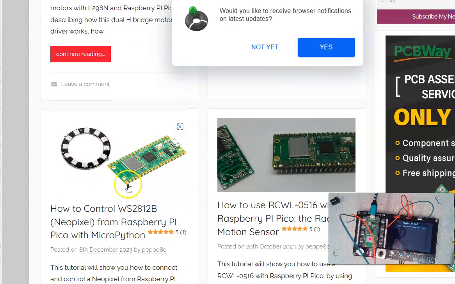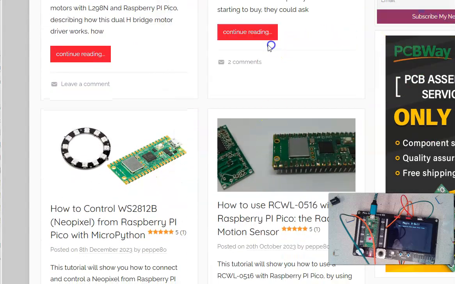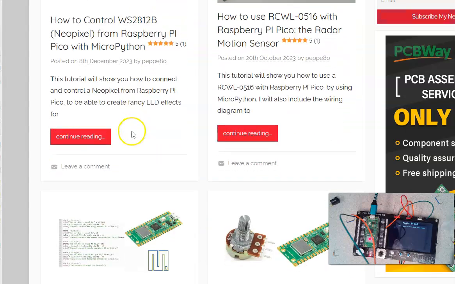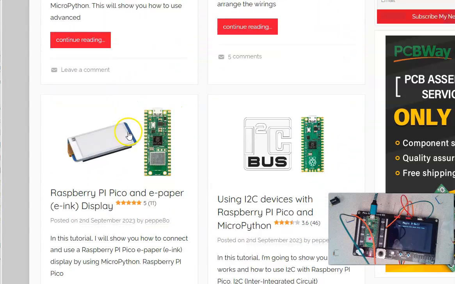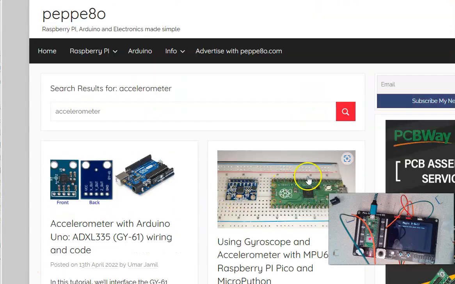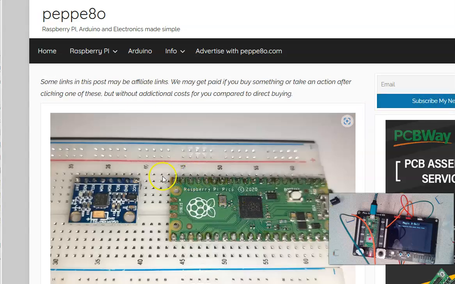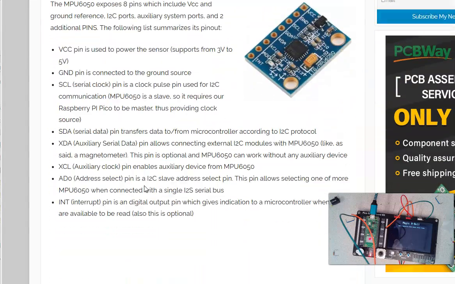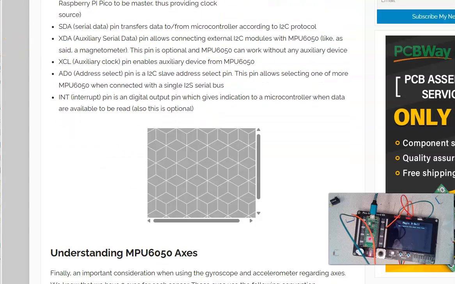So it's got using NeoPixels, sensors, so on. If you search under accelerometer, it'll pull up instructions for using a GeeekPi accelerometer, along with the driver codes.